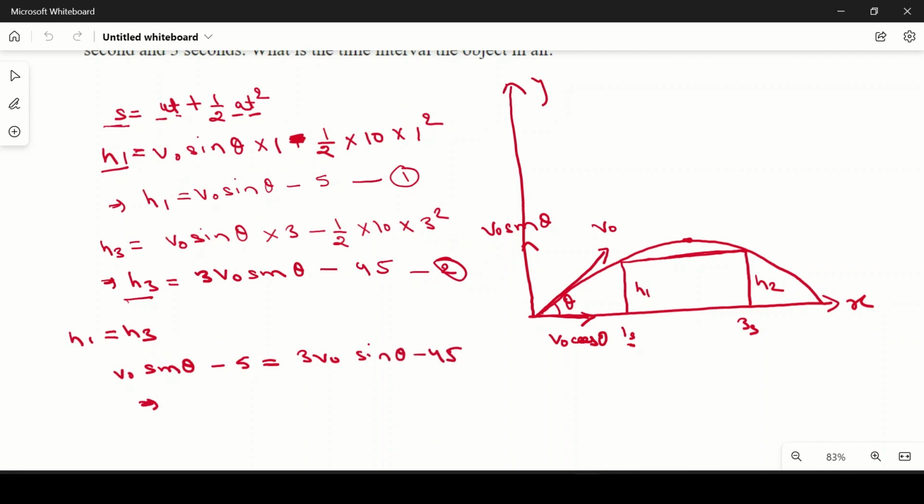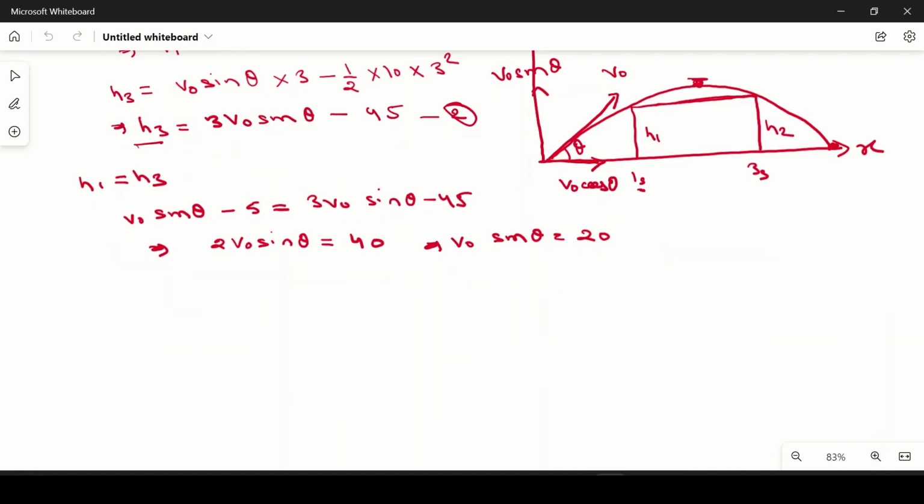Okay, so v naught sin theta will go that side, and we will get 2 v naught sin theta is equal to 45 minus 5, which is 40. So v naught sin theta is 40 divided by 2, which is 20. Now we have got v naught sin theta is equal to 20.